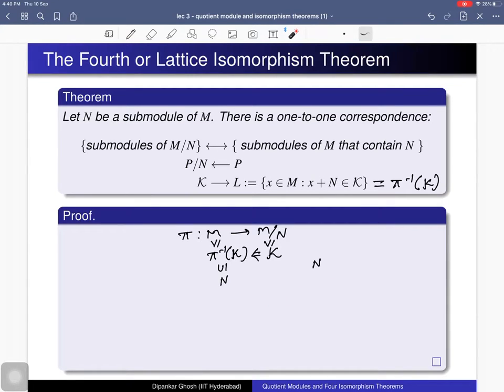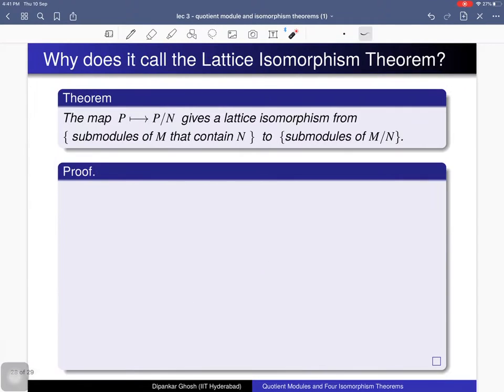Now one can verify that these two maps are inverses of each other. If you denote this one as phi and this as psi, then verify that phi compose psi is identity and psi compose phi is identity.